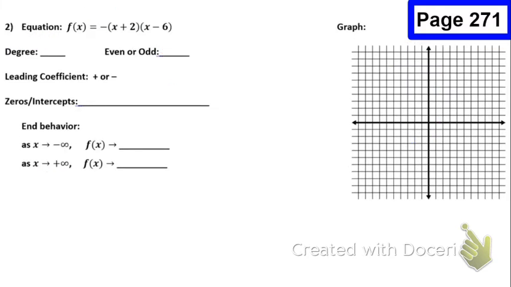What is my degree? 2. How do you know? There's 2 factors, and they each have an exponent of 1 on them. They always are going to have an exponent of 1 on them unless I see another printed number there. So my degree is 1 plus 1, so that gives me 2.